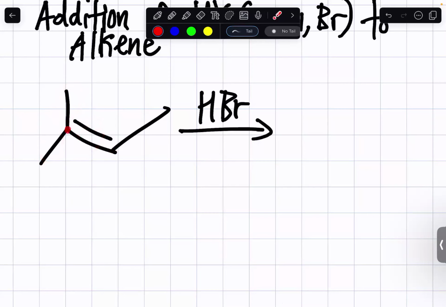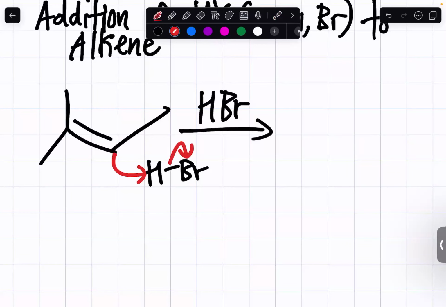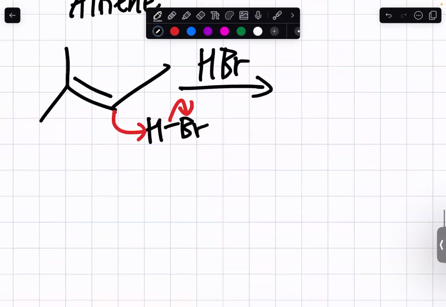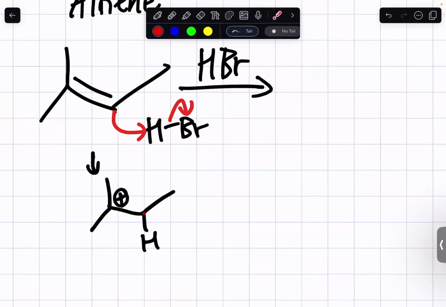Since we want a positive charge here, we want this carbon to lose the bond. If we want that carbon to lose a bond, that means the other side of the alkene, this carbon here, is going to get protonated by the HX. Notice how this carbon here gained the hydrogen, which is that hydrogen right there.